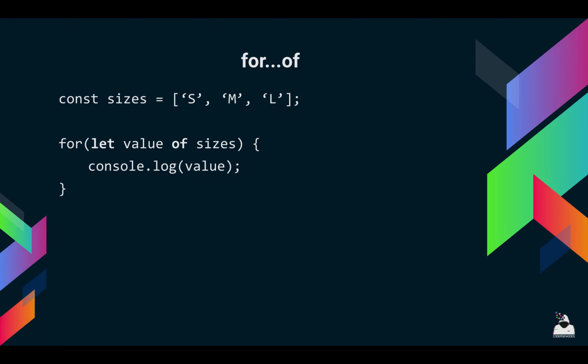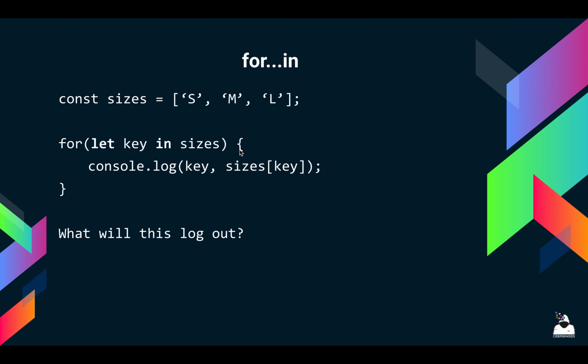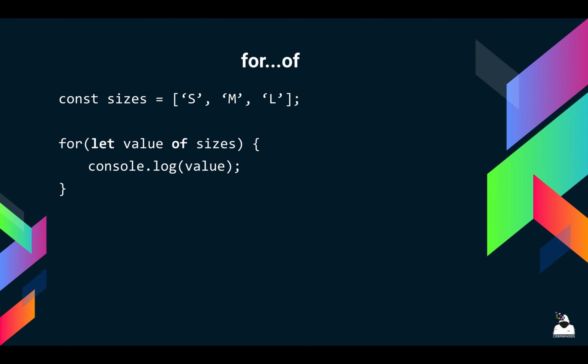So if we look at here, we have to do sizes key to access the element at that position in the array. Here, value is just going to be the value. We're just going to iterate over SML, and we get access to the elements immediately. So it's not really true, but generally you're going to use for in with objects, and for of generally for arrays.